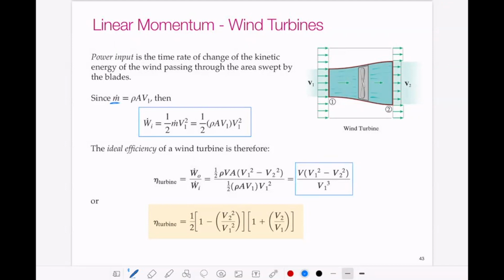And if we substitute in Froude's theorem for the velocity of the blade as v1 plus v2 over 2, for the average, we can get our final equation down here. This big mouthful, 1/2 of the product of 1 minus v2 over v1 all squared times 1 plus the ratio v2 over v1. So that gives us the efficiency of our turbine.